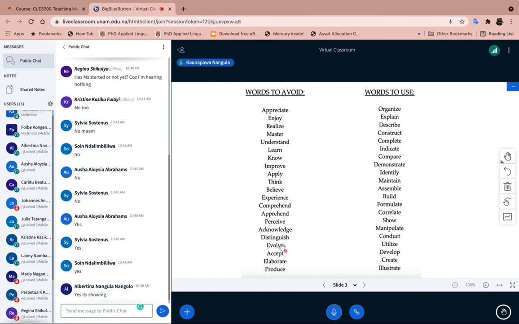Evaluate, evolve, accept, elaborate. I mean, elaborate, we can use it, but then we have to attach another phrase like elaborate by doing something. But elaborate is a little bit vague also to use as an example. And then produce.